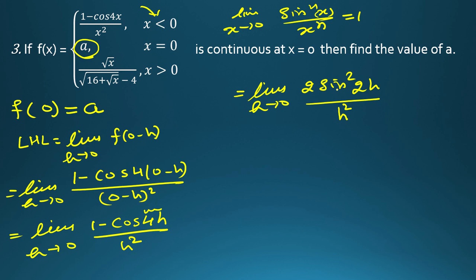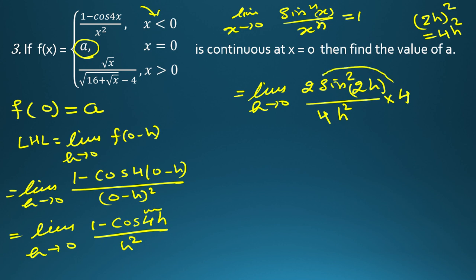So you see, what is the power of sin? 2. And what is the angle with sin? 2h. So it means in the denominator we should have (2h) square, means 4h square. But in the denominator what we have? Only h square. So what we are going to do here? Multiply numerator and denominator by 4.